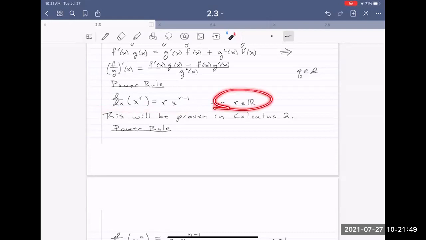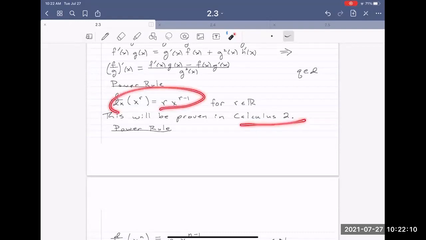And this is true for all r that are real numbers. So for every real number r, this actually holds. Now, this will be proven in calculus 2. So in Math 262, they'll actually show this.